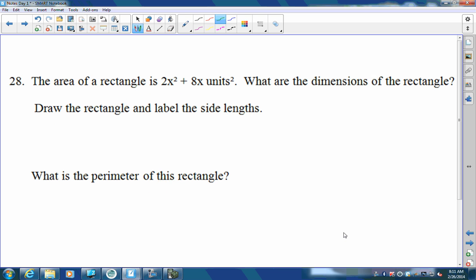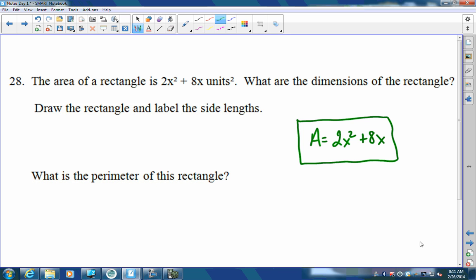This one on number 28 says, the area of a rectangle is 2x squared plus 8x. What are the dimensions? It says draw the rectangle. So here's my rectangle. My area, and I always put area on the inside, 2x squared plus 8x. It wants my length and width.